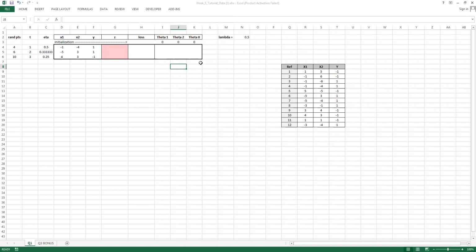So the gradient descent, and again, if you haven't watched the lecture or gone through the slides, you should do that first. This is just the Excel part. But remember, the gradient descent is updating our parameters in order to minimize an objective function, and we're doing that using the derivative or the partial derivatives of that objective function.